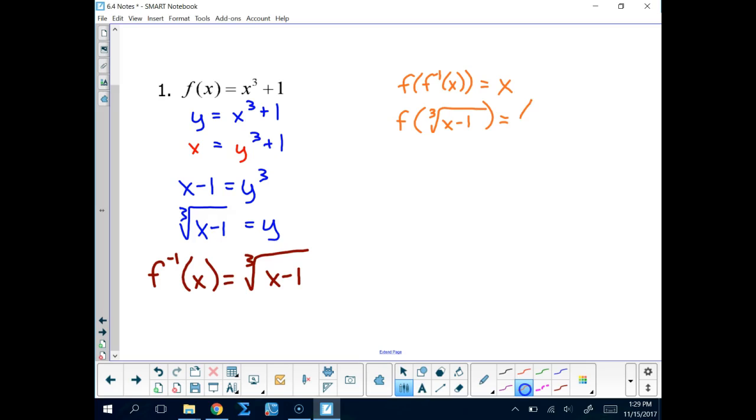So that's going to be the cube of a cube root. Cancels each other out, right? So then that leaves me with x minus 1 plus 1, which is just x.